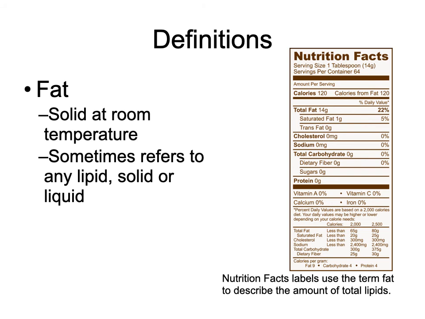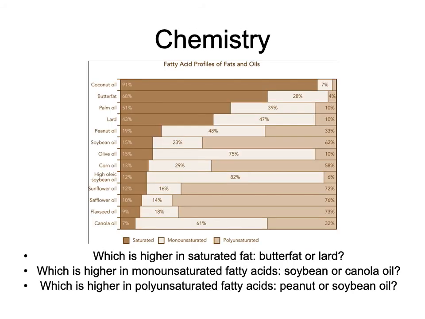They're sometimes referred to as lipid or solid or liquid, and I use the word fat interchangeably. I just refer to all oils and fats as fat, but the reality is that we can separate them out. Their chemistry varies a lot, and you can see in this chart based on their composition, what they're made of.